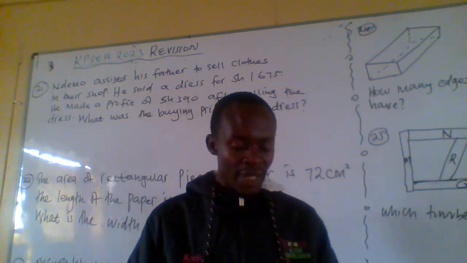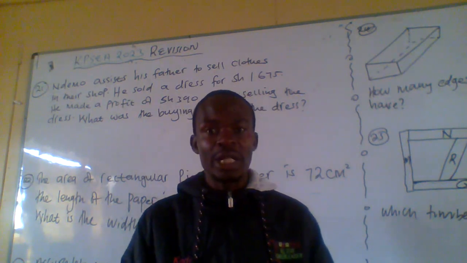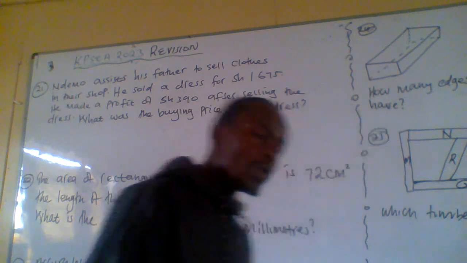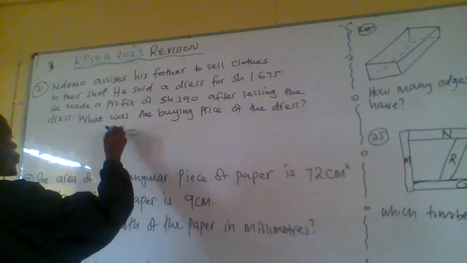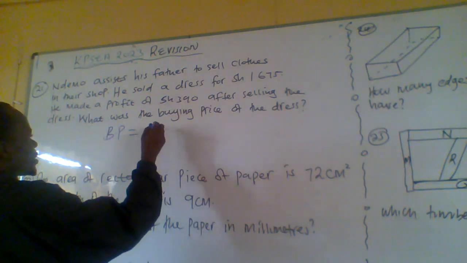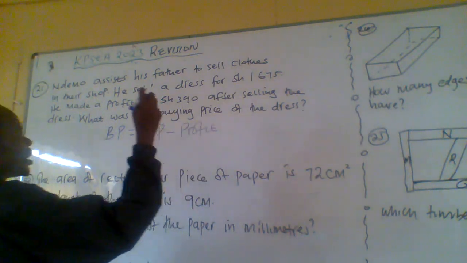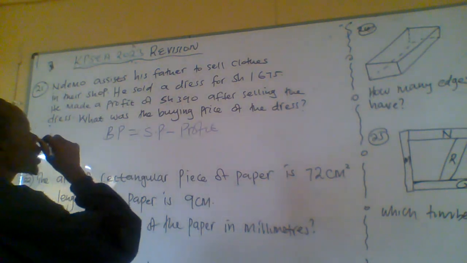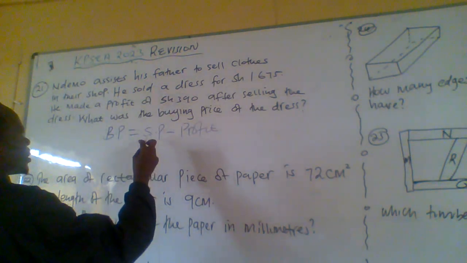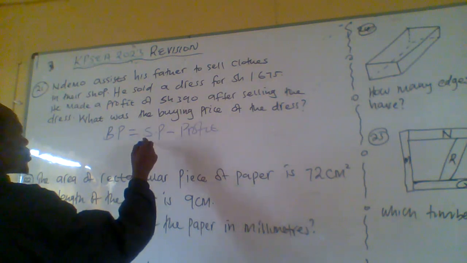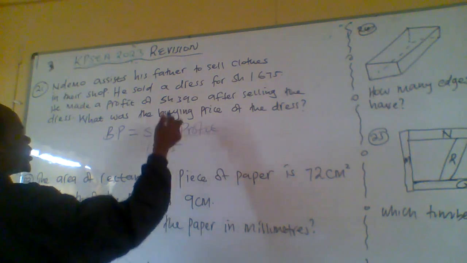That is the question. For us to get the buying price, we need a formula that will guide us, and it has always been this: buying price is equal to selling price minus profit. Here the selling price was 1,675 and the profit is here.